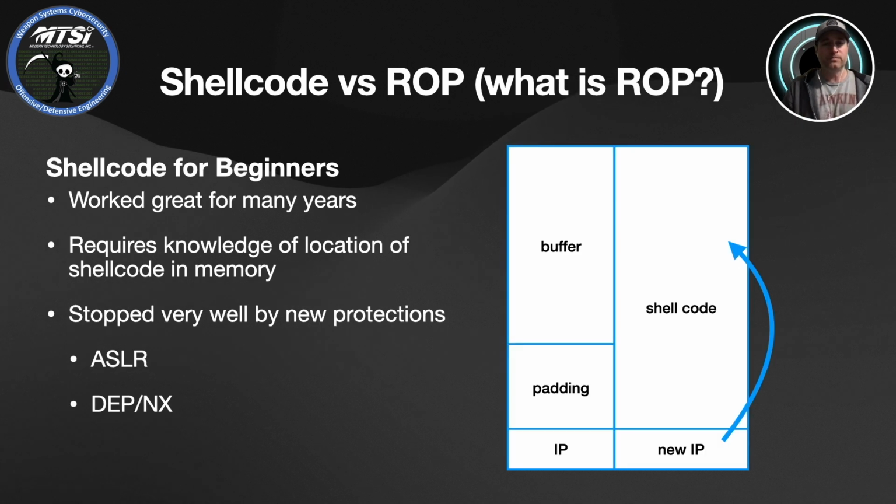How do we do that? So this diagram here shows a buffer in a typical program. And normally, when a program is operating the way it should, you have a buffer, and then you have some padding below that buffer, it's just some space on the stack that there might be other variables, there's other things.